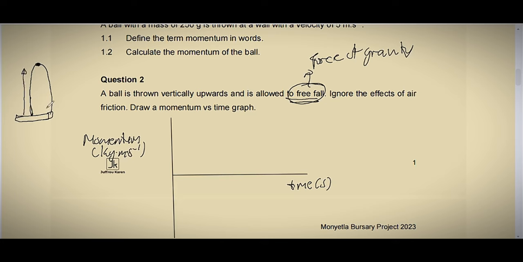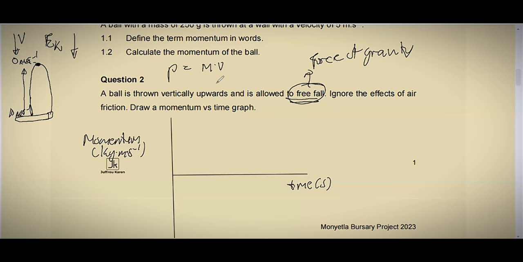So if, for example, we were to throw this ball at a velocity of 10 meters per second, then at the maximum height we would find that the velocity is now 0 meters per second, which is the point whereby the ball will have to return back to the ground, right? So we understand that as the object is moving upward, its velocity keeps on decreasing. So if its velocity is decreasing, let's relate that to momentum.